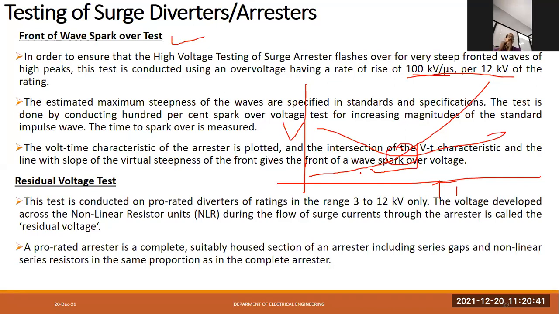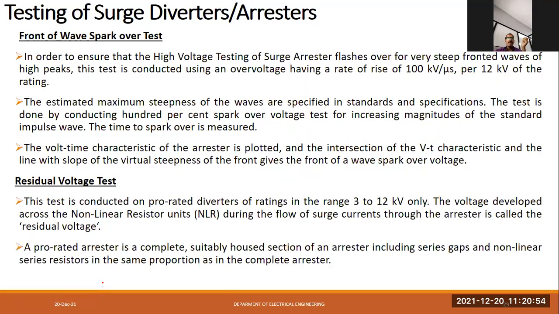And the next is the residual voltage test. So again the same word, residual. Here we are considering what the residual voltage means. So we'll understand that one again. Whenever we are carrying out this test, whatever the prorated diverter means, say 3 kilovolt to 12 kilovolt, that rating range of diverters we will consider only for testing purposes.